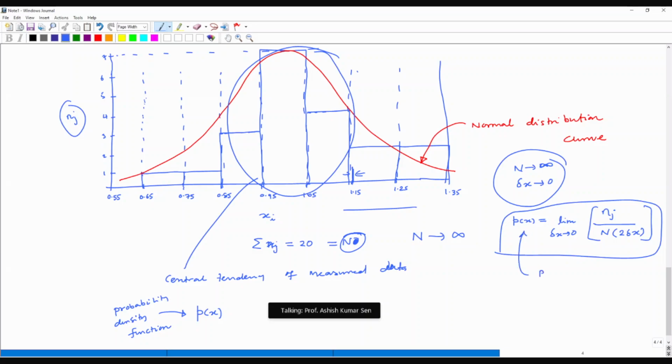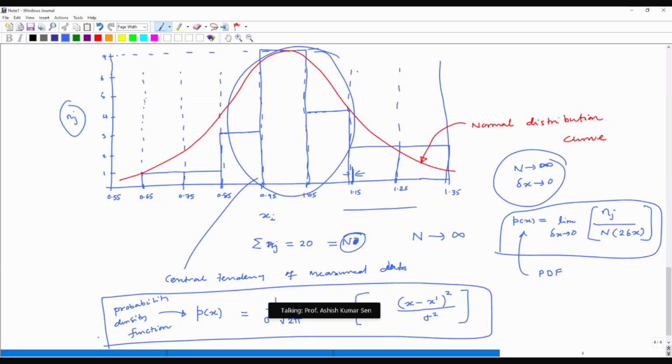Okay, probability density function. And for the normal distribution curve, this probability density function has a formula which is 1 over sigma square root of 2 pi times exponential of minus half (x minus x prime) squared divided by sigma squared. Okay.